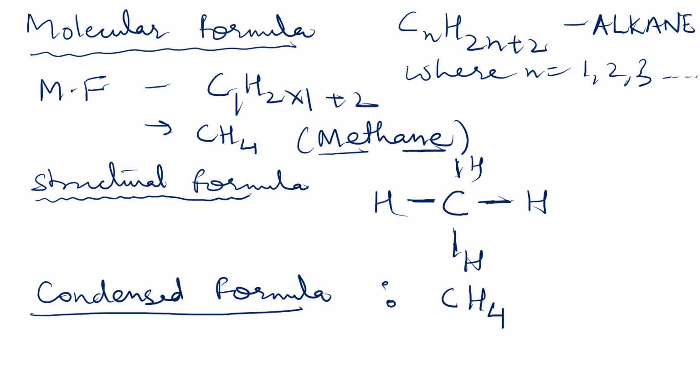This is condensed formula. I'll take other examples so that we can understand the differences between molecular formula, structural formula, and condensed formula. The other example I'll take is propane. You know that prop means 3 carbon atoms.